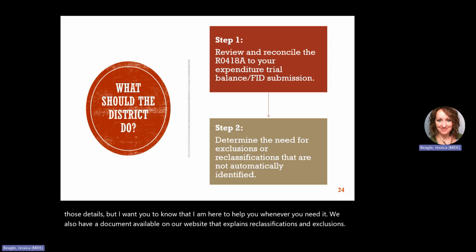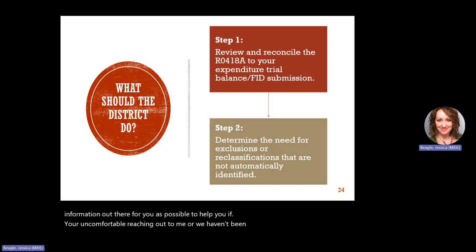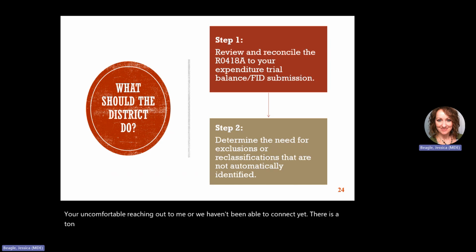Just look for the indirect cost rate plan near the top of the page. I do try to provide as much information out there for you as possible to help you if you're uncomfortable reaching out to me or we haven't been able to connect yet. There is a ton of information out there. It's just maybe navigating it a little bit challenging, and I'm working on that for you as well.